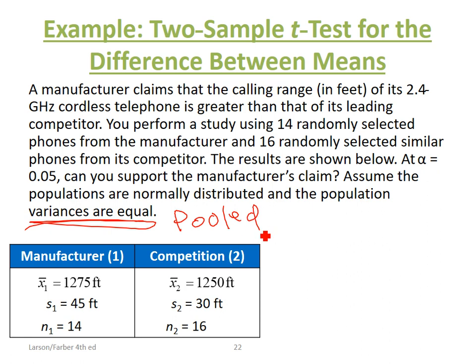So just a couple of things before I go on. H0, what are we trying to prove here? Their claim is that mu one is greater than mu two. So HA is the claim: mu1 is greater than mu2.